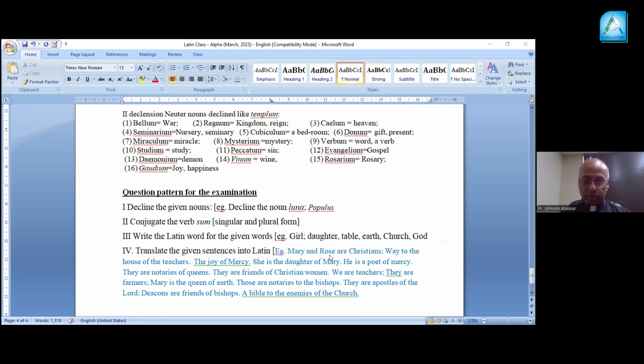If you got an idea and you go through the notes, then it will be very clear. Please learn the given nouns and the verb sum, no other words, both feminine and masculine nouns in the first declension as well as the second declension, and the conjunction. Okay, it's time. I have taken 3 more minutes.